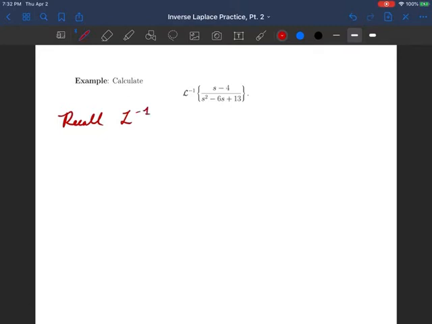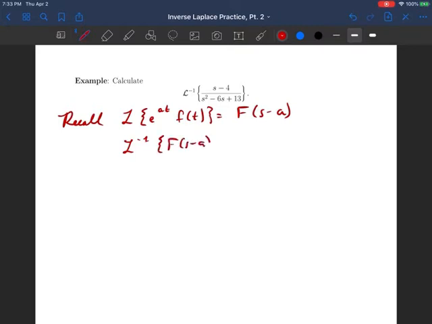Let's word this properly. The theorem that we have seen says that the Laplace transform of e to the at times f of t is equal to F of s minus a, where F is the Laplace transform of little f.